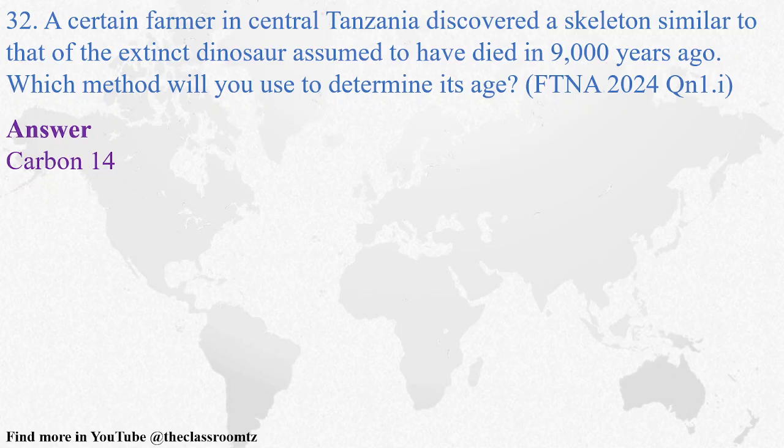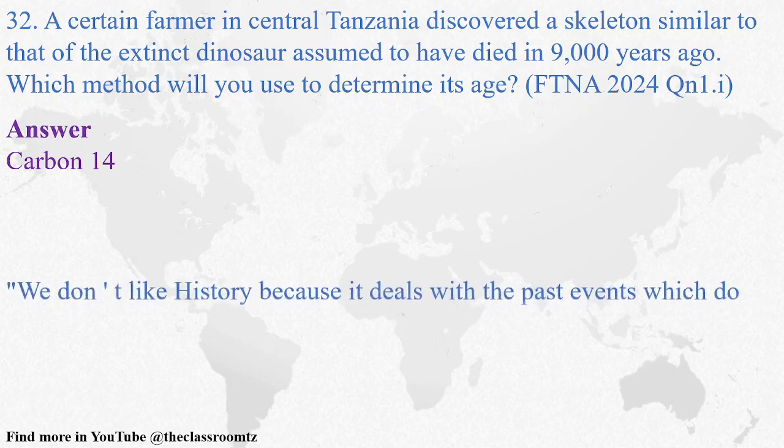Remember, carbon 14 ends before going beyond 150,000. So 90,000 is within 0 to 150,000. But if the bone of that animal is 200,000 years old, carbon 14 cannot test it. Then we need to use potassium argon. That was 2024-1.